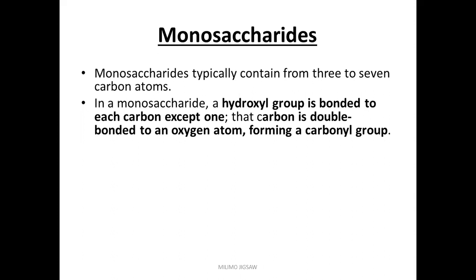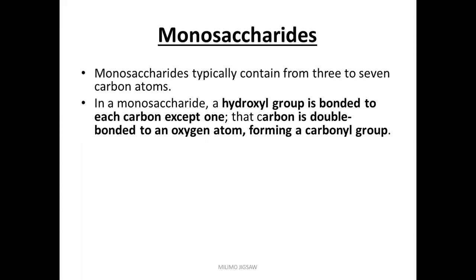Remember I said that the carbohydrate contains a lot of carbon to carbon bonds, and to that we also have numerous hydroxyl groups bonded to that carbon skeleton, and also the carbonyl group. So on each carbon atom there is a hydroxyl group except for one carbon atom.